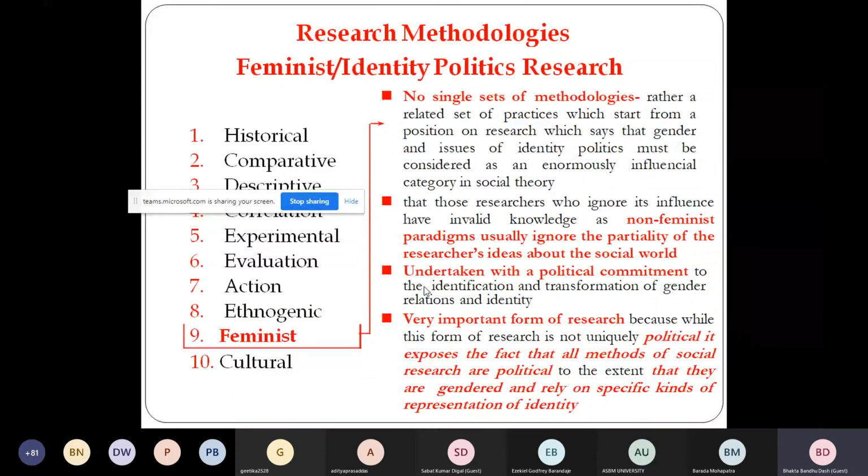Then the other area of research is basically called feminist research. If you talk about feminist research, there is no single set of methodology, rather a related set of practices which started from a position on research, which says that gender and issues of identity politics must be considered an enormously influential category in social theory.